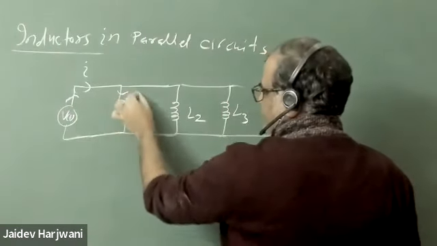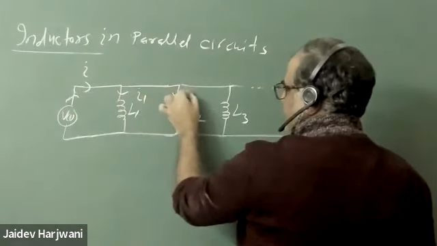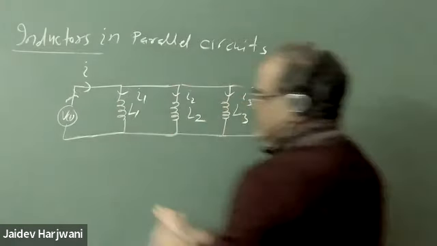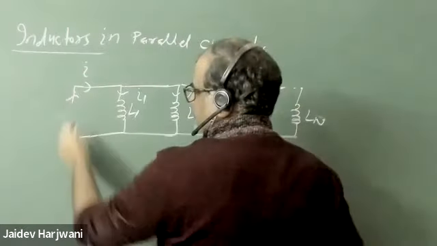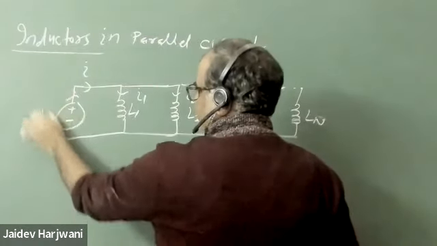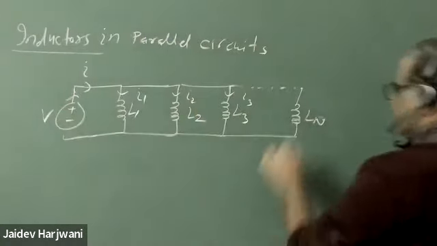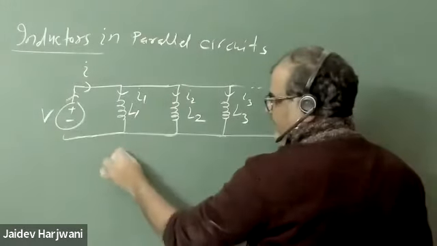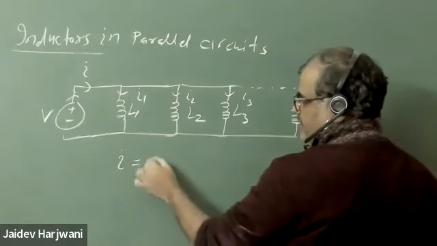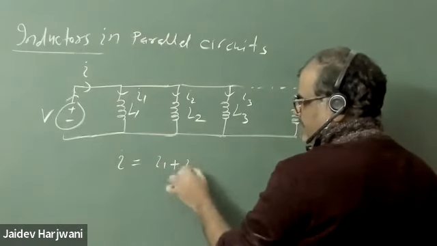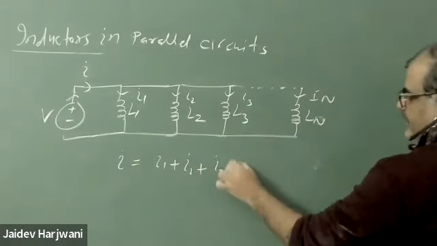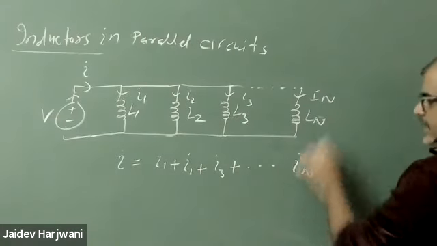This will be I1, this will be I2, this will be I3. So let me take a DC source this time, plus minus V, and say this is In. So my I will be I1 plus I2 plus I3 plus In.